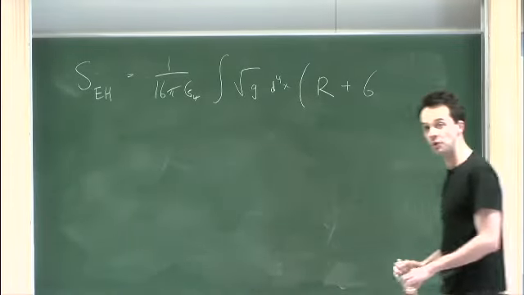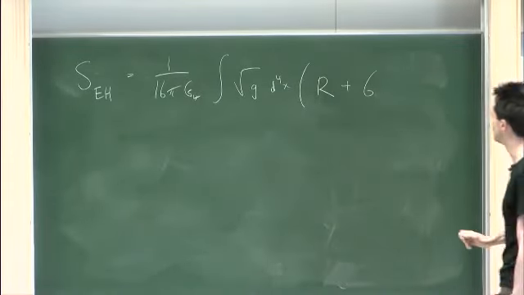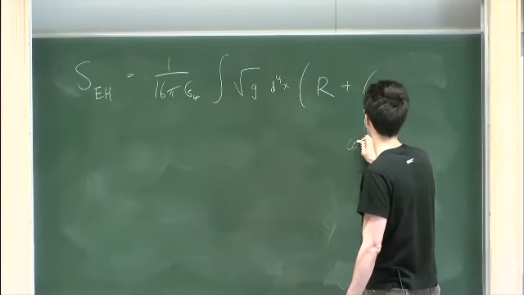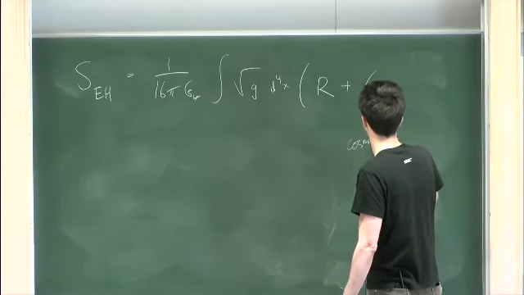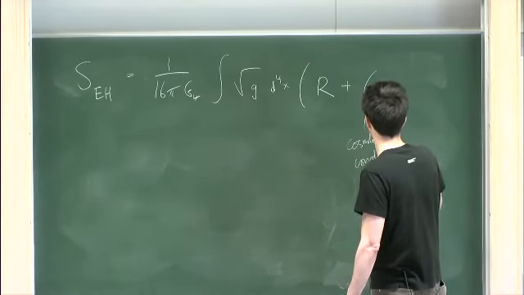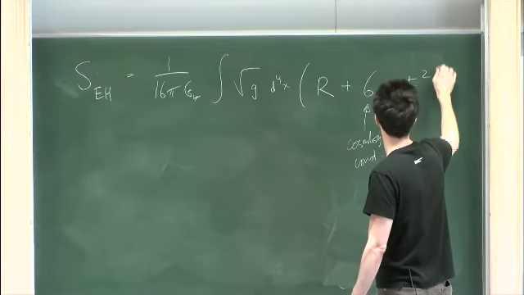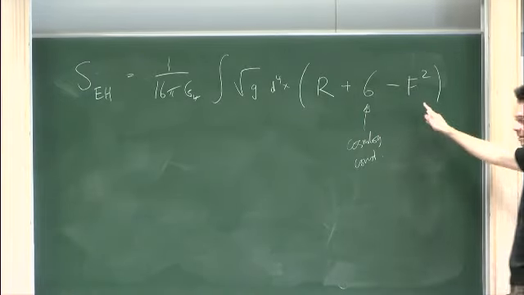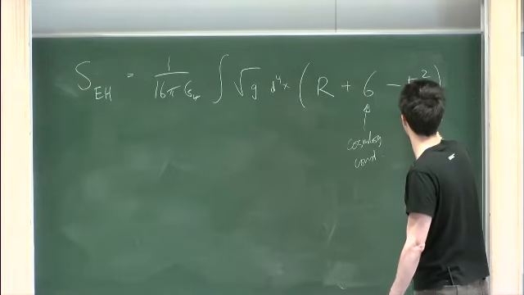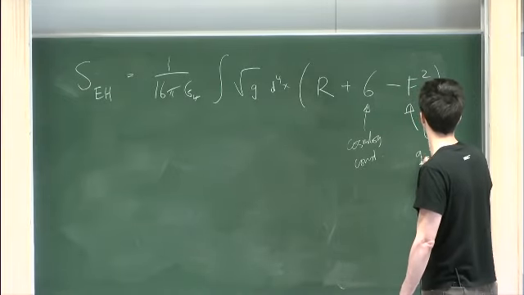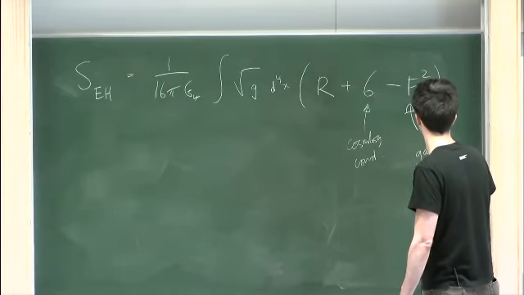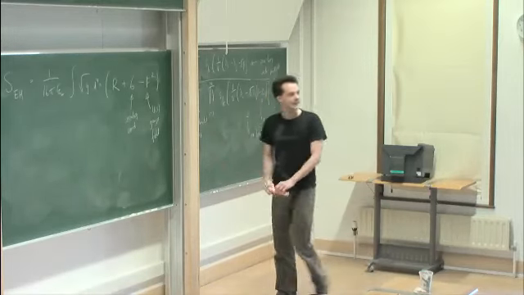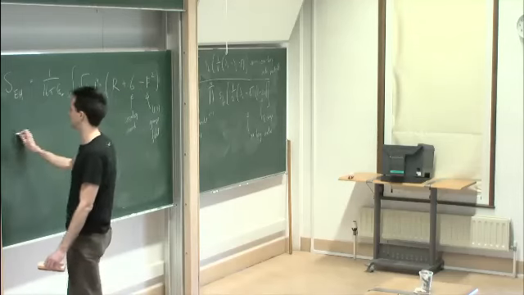I have a cosmological constant, which is normalized to minus 3. This is the cosmological constant. And there's a gauge field. And that's the usual Maxwell action for a U(1) gauge field. Okay, so that is just Einstein-Maxwell theory, in fact.